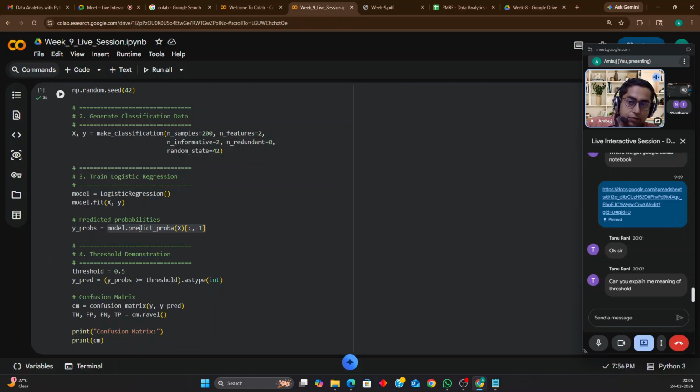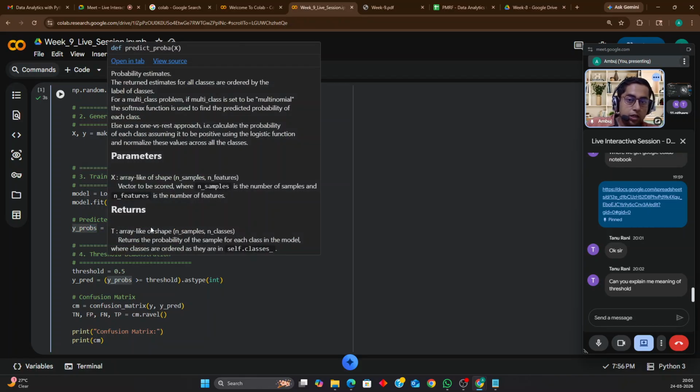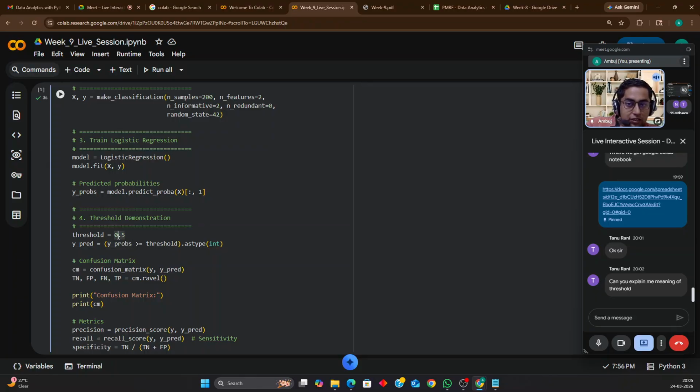So the model will give me continuous probabilities, these y probabilities. I have to set a particular threshold, and that value is the deciding factor for which class the output from the model will go into: class A, class B, class C, class D, any of the classes.